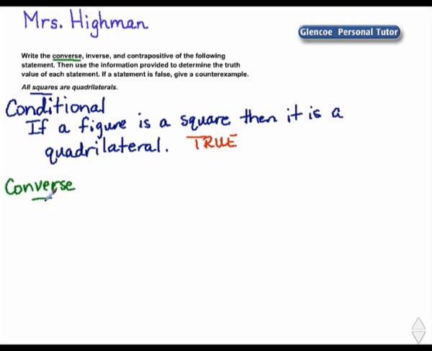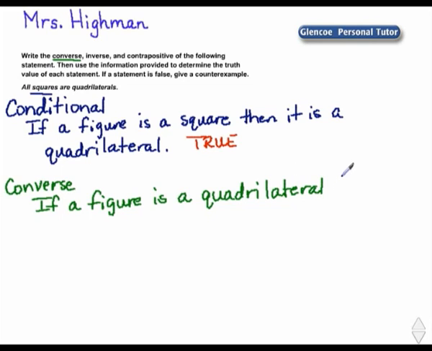So we write that if a figure is a quadrilateral, then it is a square.